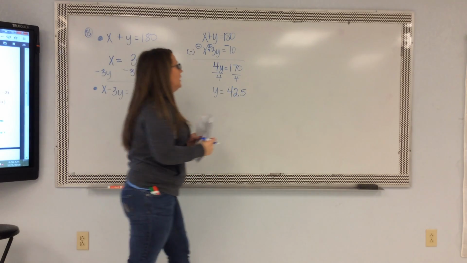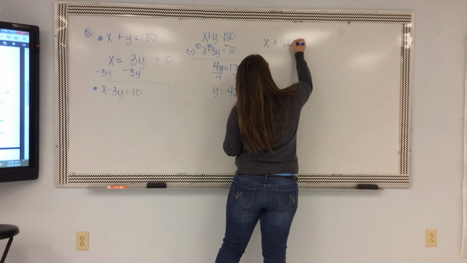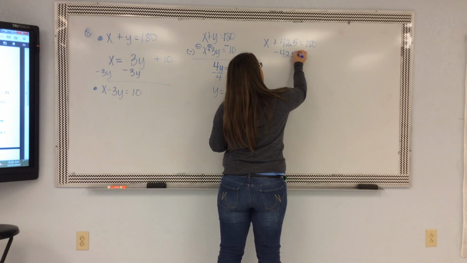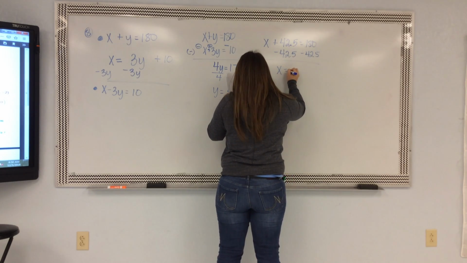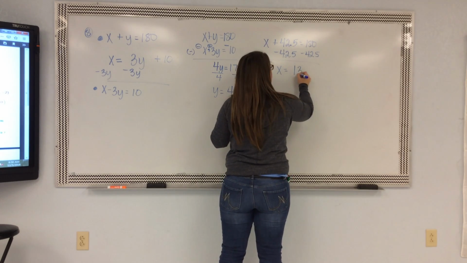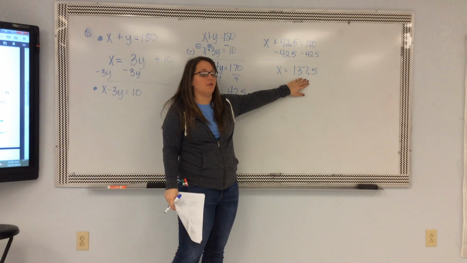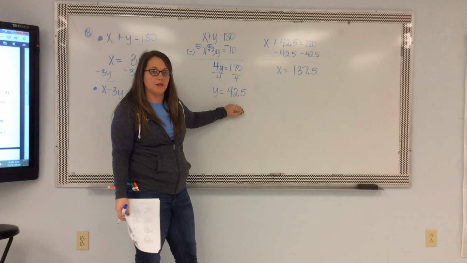When I plug that back in, I see that x plus 42.5 should equal 180. If I subtract 42.5 from both sides, I get that x is equal to 137.5. So I have an obtuse angle of 137.5 degrees, and I have an acute angle of 42.5 degrees.